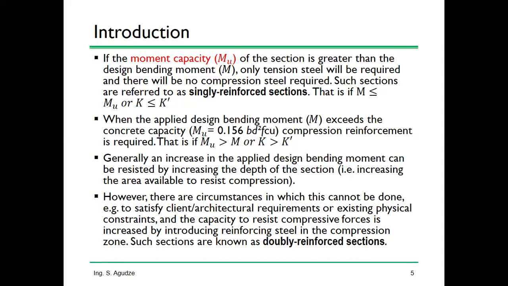And so if the bending moment is bigger than the moment capacity of the concrete in compression, then it means we need to add some steel to work together with the concrete in the compression zone. And so in such members, we will provide reinforcing steel both in the tension zone and also in the compression zone. And if we have a case of that nature, we call it doubly reinforced.